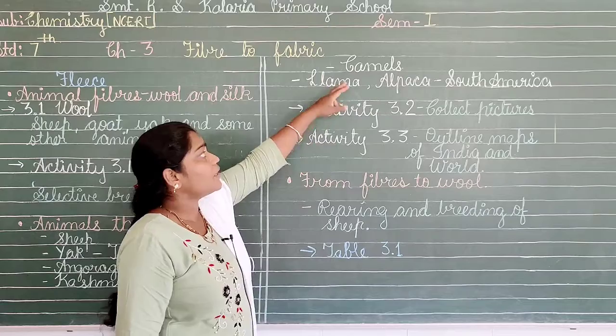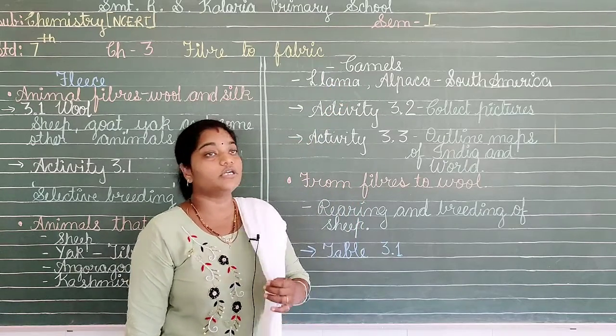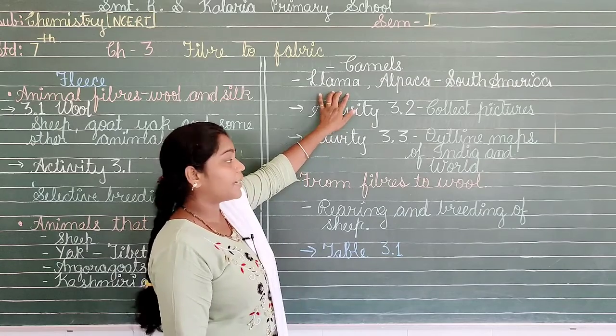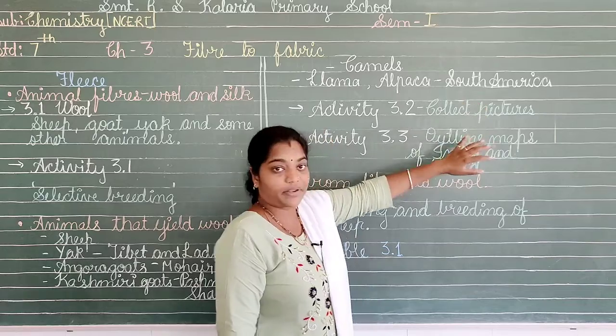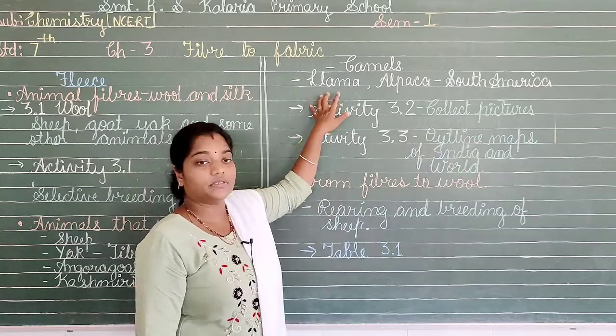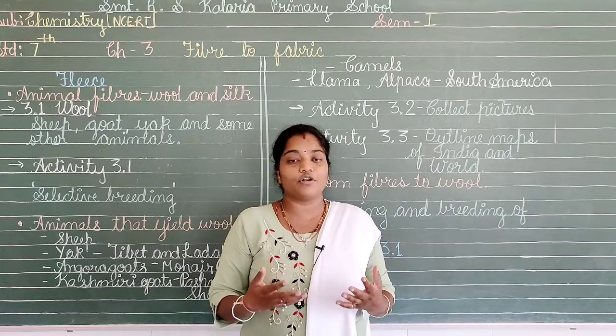Then we have the camels. There are different breeds of the camelids which provide us a good portion of wool, that is their hair, that is llama and alpaca. They are found in South America. Now, these are the animals from which we yield wool.